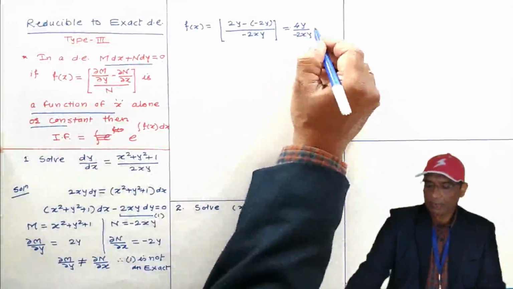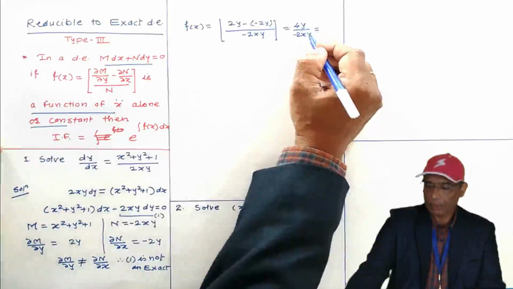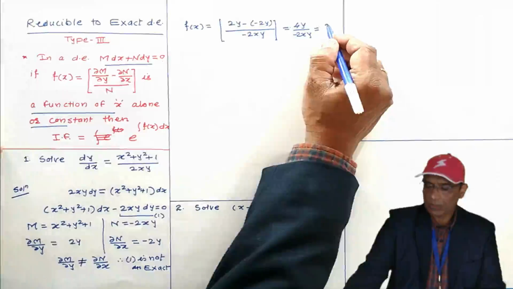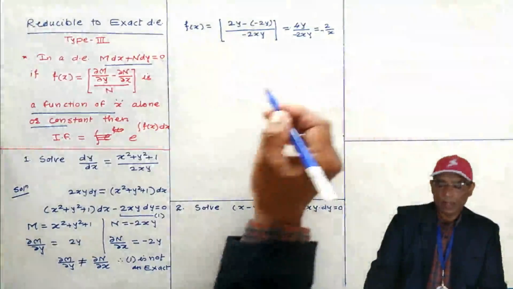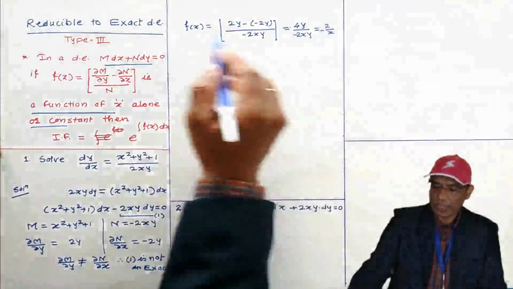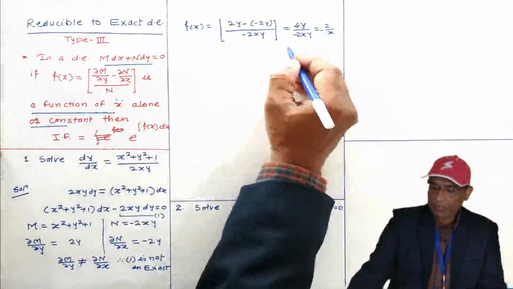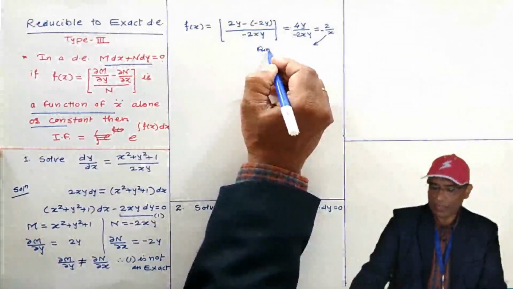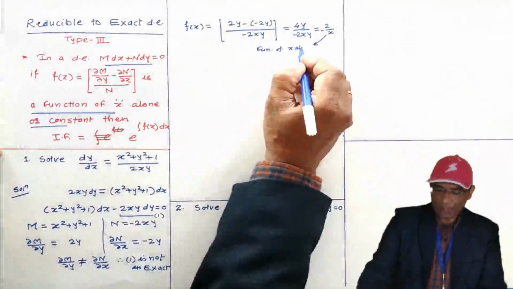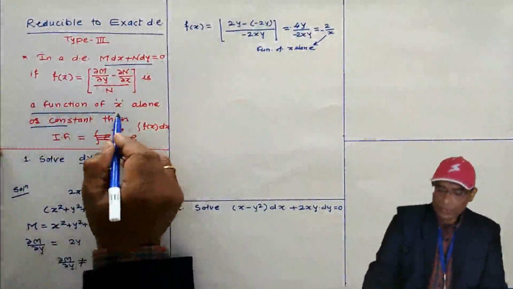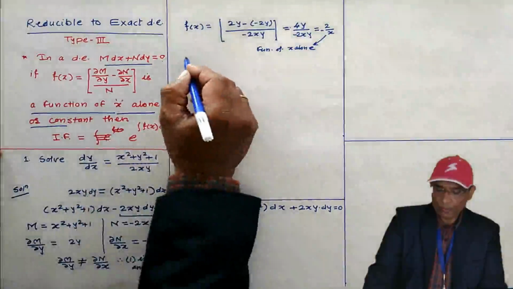The y will cancel, 4 by 2 is 2, so 2 by x with a negative sign. We found the value of f(x): it is minus 2 by x, and this is a function of x alone, since y is absent there. If f(x) is a function of x alone, then we can use this integrating factor formula.